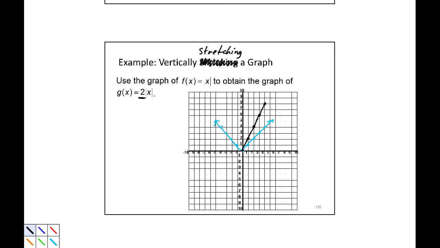And on the other end of this, we have a nice reflection going on here. We have the point negative 1, 2, negative 2, 4, negative 3, 6, negative 4, 8. And there is our function, the absolute value of x, stretched by a factor of 2.